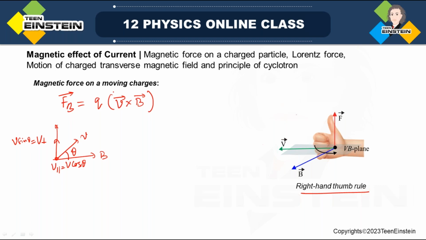According to this right hand thumb rule, you have to stretch your four fingers along the direction of the first vector in the cross product. This is applicable in case of any kind of cross product.